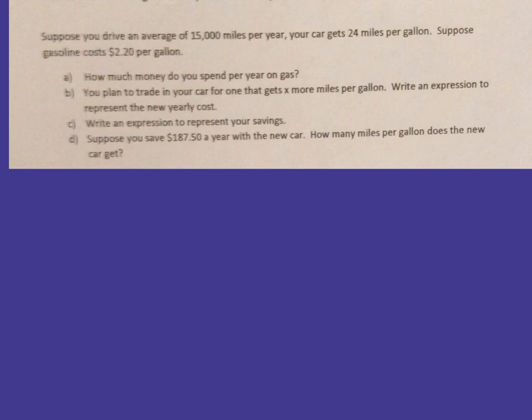All right, guys, so there's not one on the test exactly like this, where you have to actually write an expression, but I still think that this is a good question. Again, it has to do with rational functions and kind of thinking about context. So you're going to drive this many miles in a year, and your car gets 24 miles to the gallon.